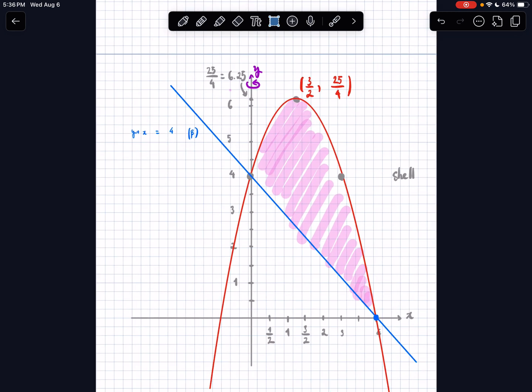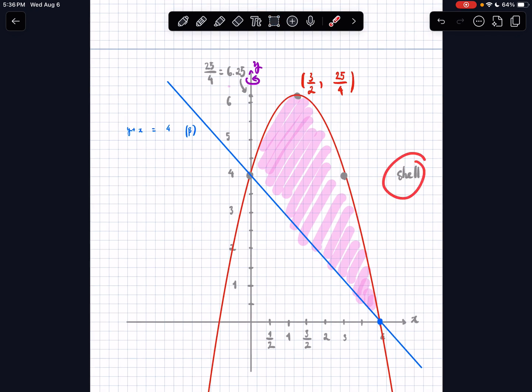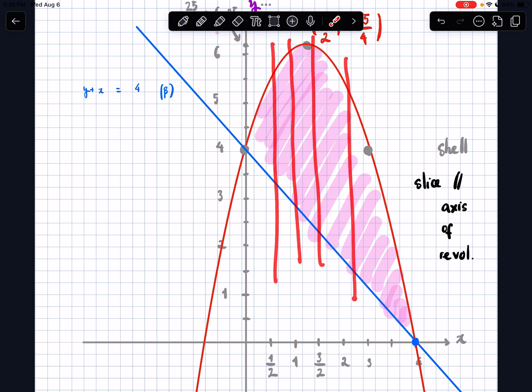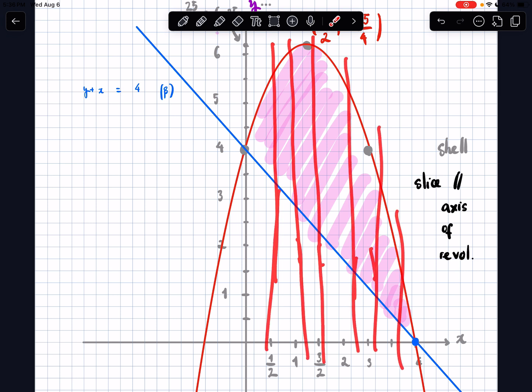For the shell method, we will slice parallel to the axis of revolution. By doing so, we create a partition of this segment.